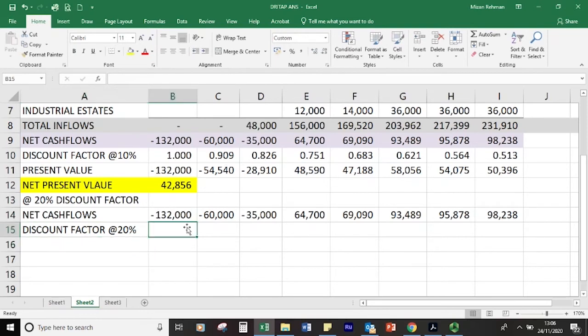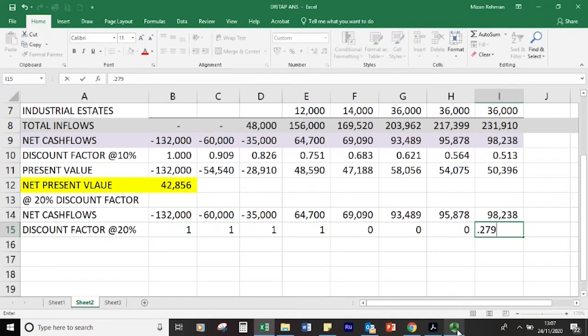And let's take the figures from our present value table now. So going back to my present value table, 0.833 in year 1, 0.694 in year 2, 0.579 in year 3, 0.482 in year 4, 0.402 in year 5, 0.335, and last year's 0.279.